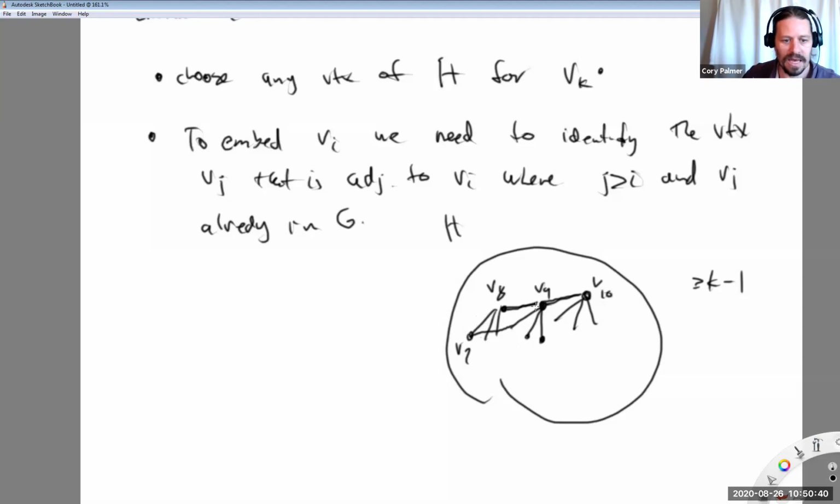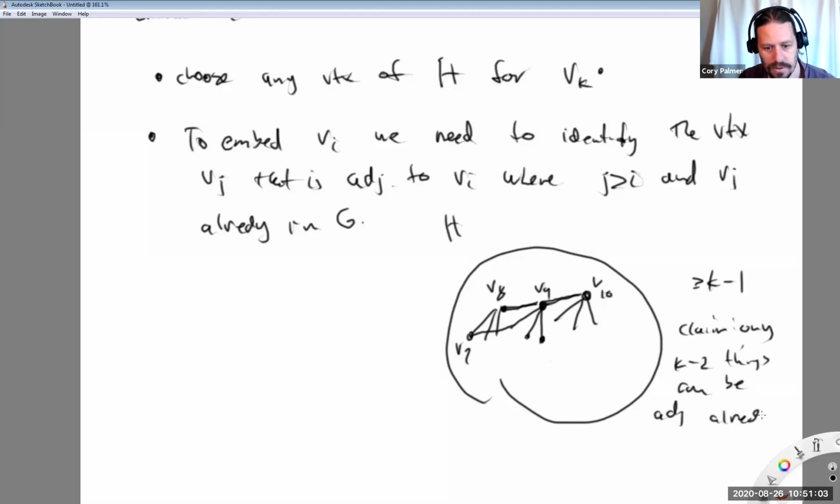So yeah, absolutely. In fact, it could be that every single edge is present here. And then it's like, well, I have something much bigger than T, but I just want to find that T is inside of that somewhere. So I claim only k-2 things can be adjacent already to the Vj, okay?